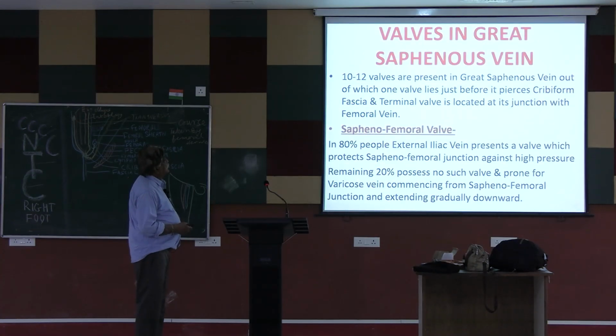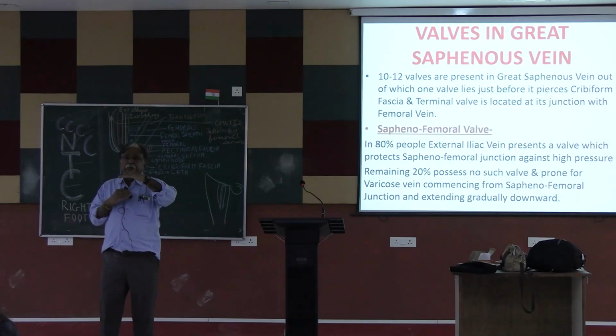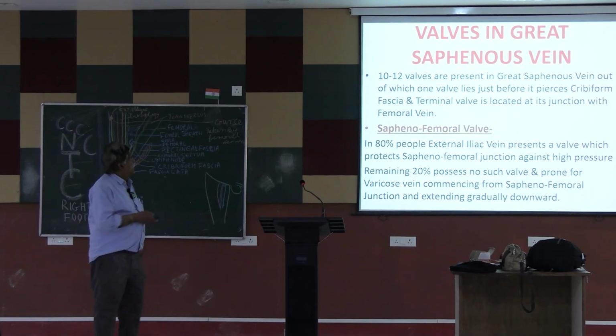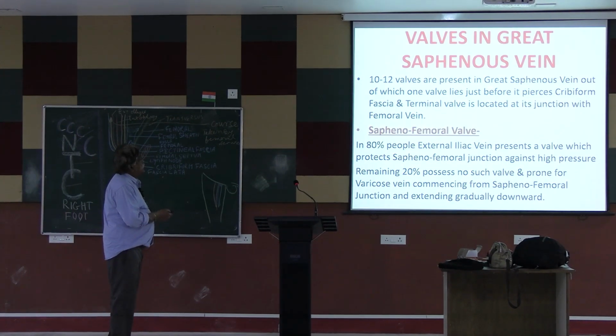Now, valves in the great saphenous vein. These are all small questions, compartment wise. Ten to twelve valves are present in the great saphenous vein, out of which one valve lies just before it pierces the cribriform fascia and the terminal valve is located at its junction with the femoral vein, the saphenofemoral valve.